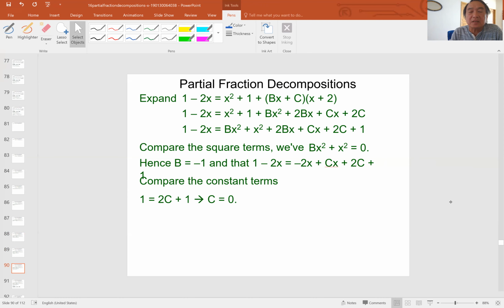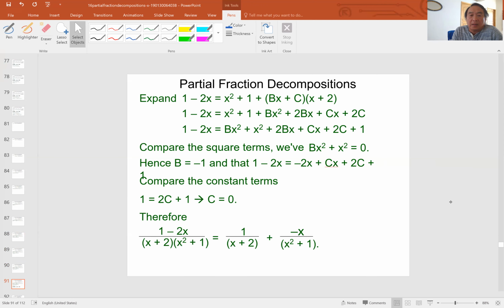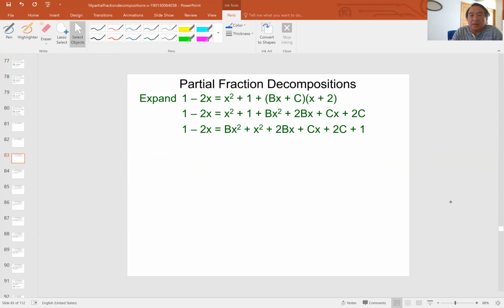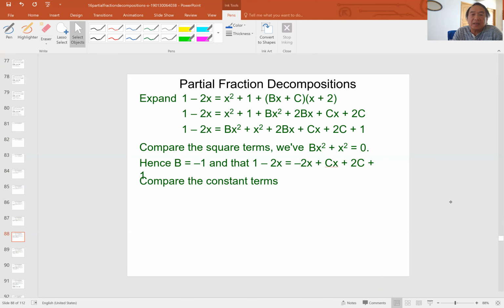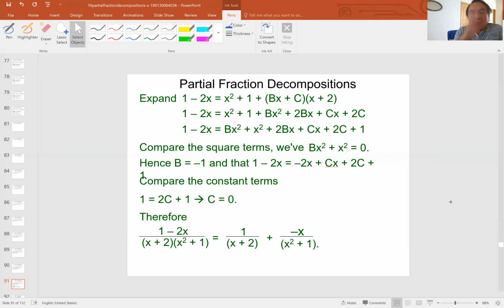And this is just for one irreducible. So there are three numbers to solve here. Let me remind you again: it's A, B, C we solve. We get A easily, and B and C by extracting the coefficients, comparing the two sides.